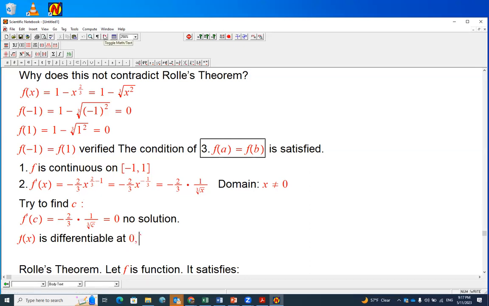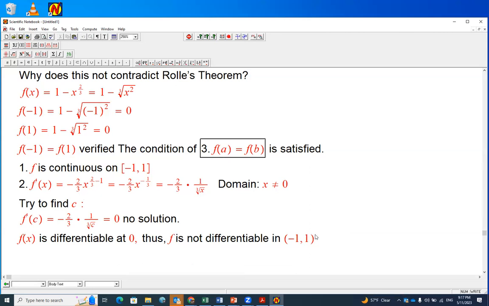If f is not differentiable at 0, then f is not differentiable on the interval between -1 and +1. Because when we say a function is differentiable on an interval, it is differentiable at every point in the interval. And now there's one point where the function is not differentiable, so we cannot say f is differentiable on that interval.